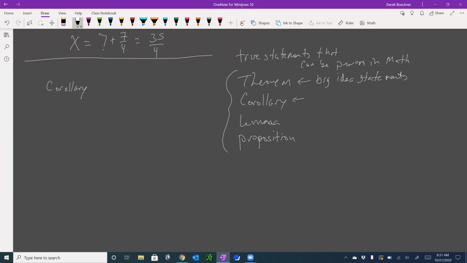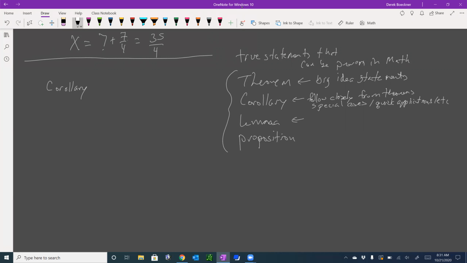If you know that the theorem is true, then the corollary is true with just a line or two of reasoning. These follow closely from theorems. Special cases, quick applications, etc.